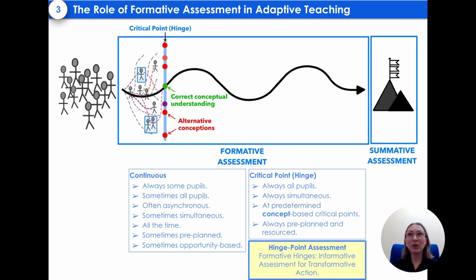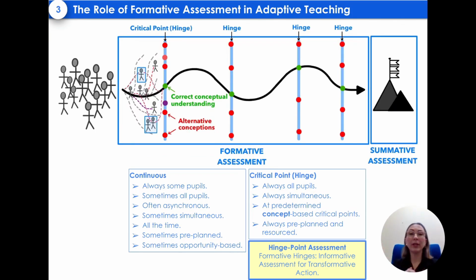I've definitely had those experiences in my classroom where a pupil isn't getting something, and I've thought to myself, I wonder if this is what they're thinking. And I ask them, do you think this? And they'll say yes, and I'll be like, oh. So I really think this is all about putting ourselves in the mind of a novice. How could a pupil develop an alternate conception here? If they are novices, they don't know what I do, I've got to really turn back the clock and imagine that I'm in their shoes.